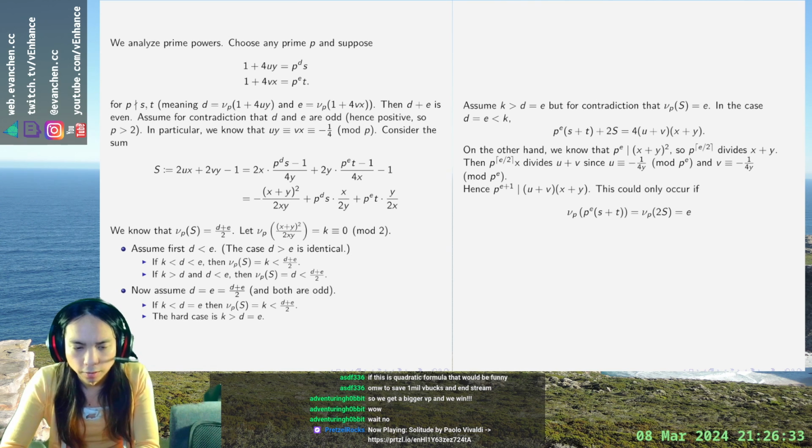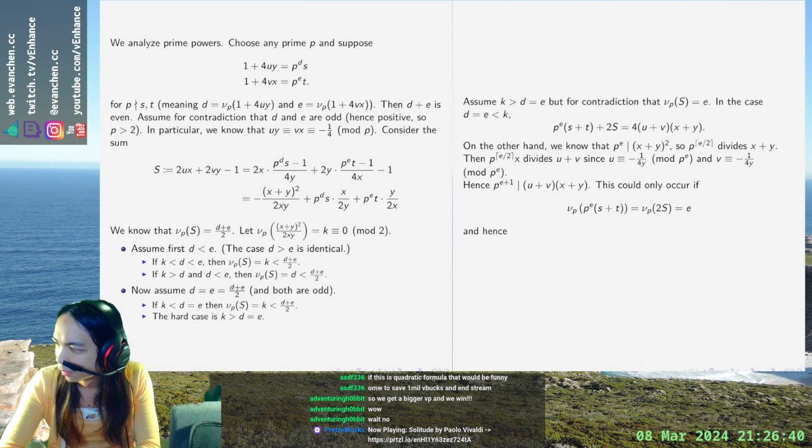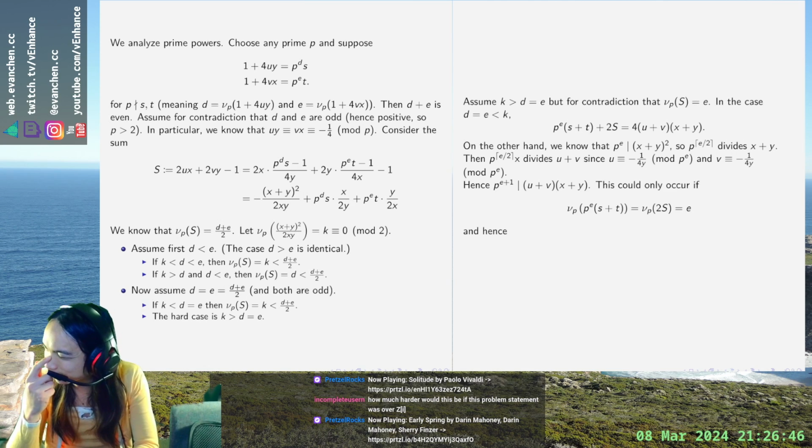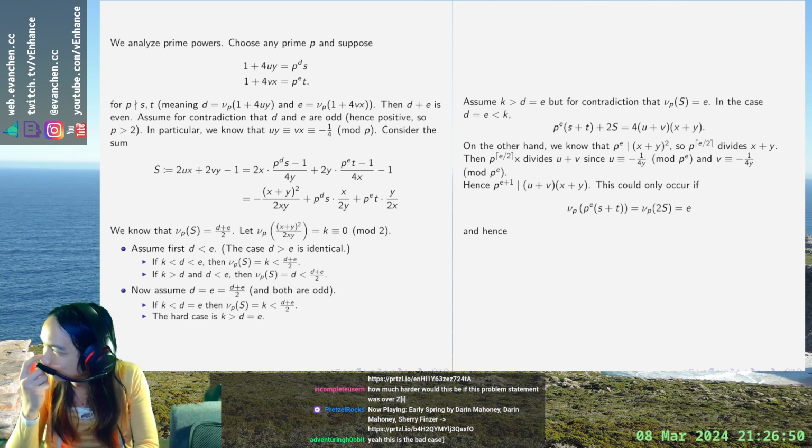Okay, and hence, wait, this is the opposite of what I wanted to prove. I wanted to show that s and t were distinct modulo p. Wait, hang on, what? This is the opposite of what I wanted to prove. I think I proved that I'm screwed. Wait, no, really? I even got the ceiling in.